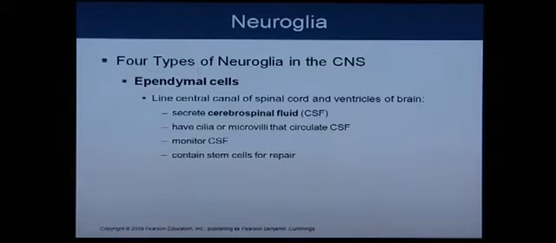These cells also have cilia or microvilli that will circulate the CSF. Remember, cilia are hair-like projections that are constantly moving, and they make sure that CSF is constantly circulating. They will monitor the CSF and also contain stem cells for repair.